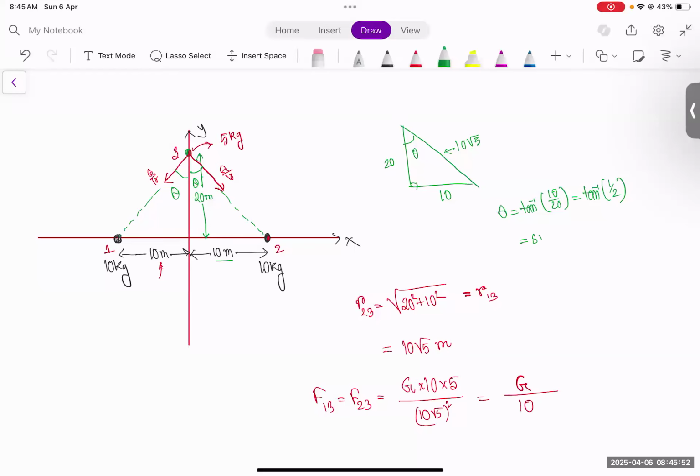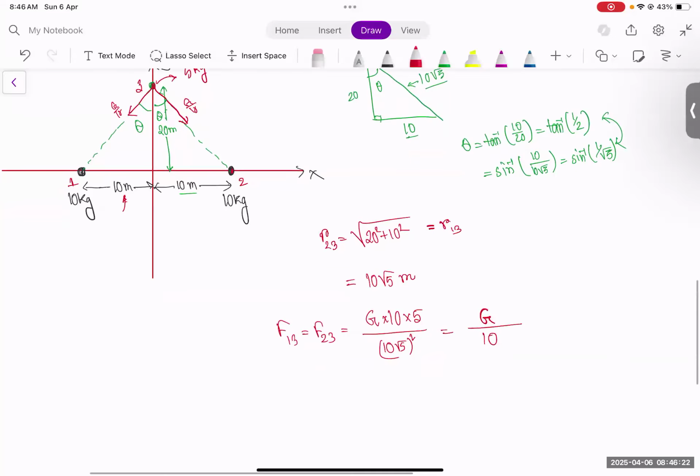Sine inverse would look nice, I guess. Sine inverse is perpendicular by hypotenuse, so there will be 10 divided by 10 root 5, giving you sine inverse 1 over root 5. These two values are the same. You can sit with a calculator and check. These two will give you the same value of theta. So it doesn't matter whichever you use, you can plug it into a calculator, you'll get a value.